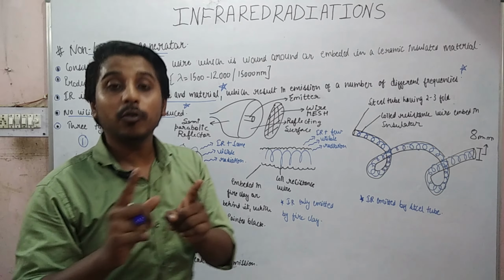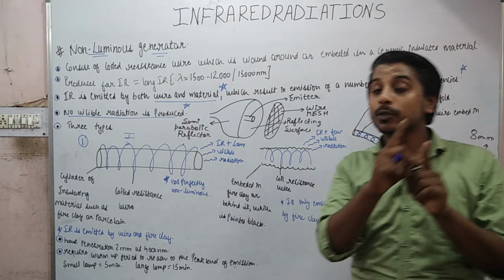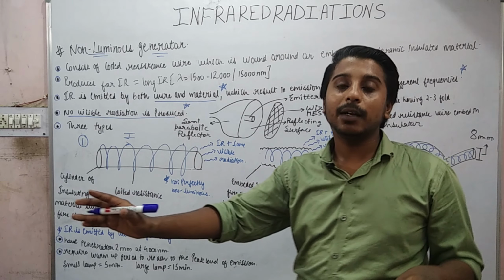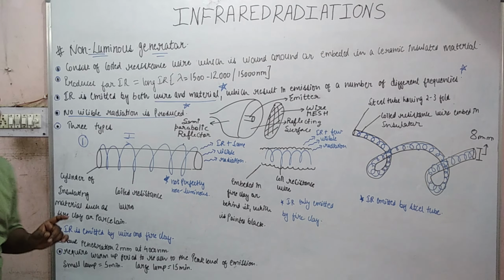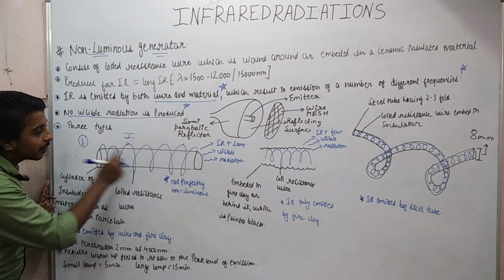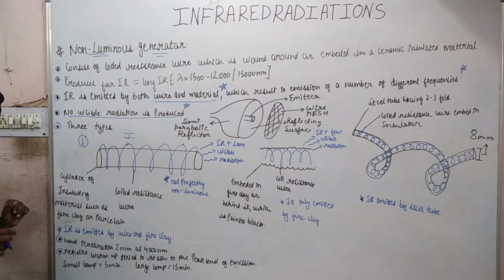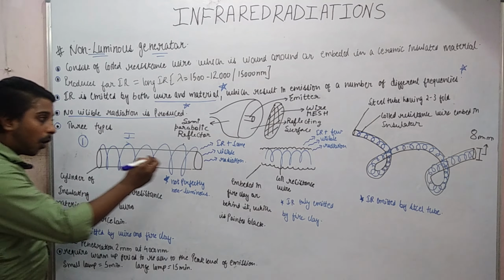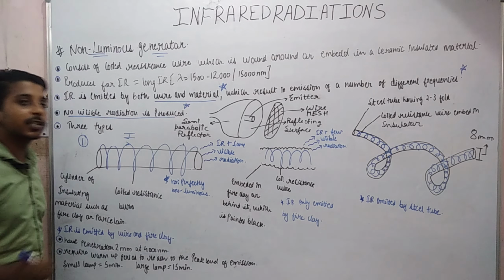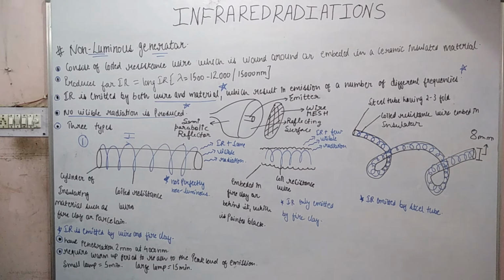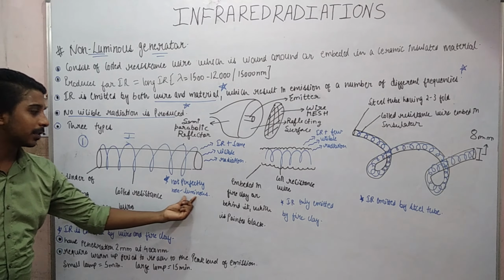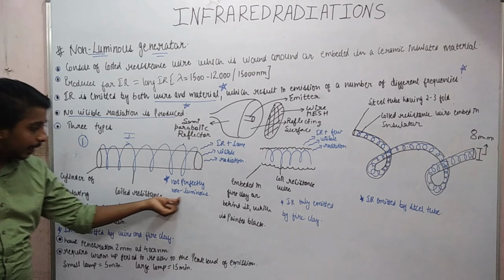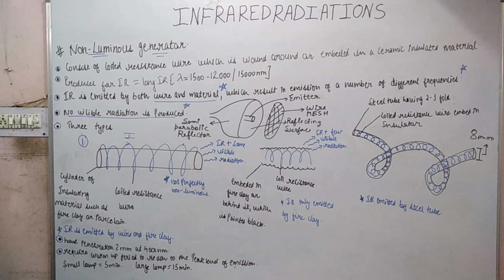So the students who are not watching those videos will lag at these small parts. When the wire is heated, as the wire is in contact with the cylinder, conduction occurs and IR is given off. But along with IR, some visible radiation is also produced, which shows that it is not a perfectly non-luminous generator.